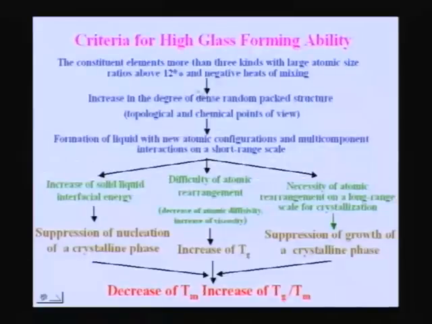If you increase the dense random packing, you will have a good topological packing, and at the same time chemically also the bonds will be stronger because the delta H mixing is highly negative.